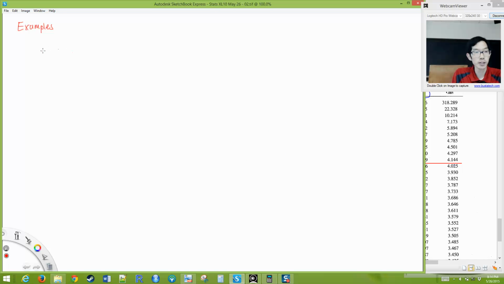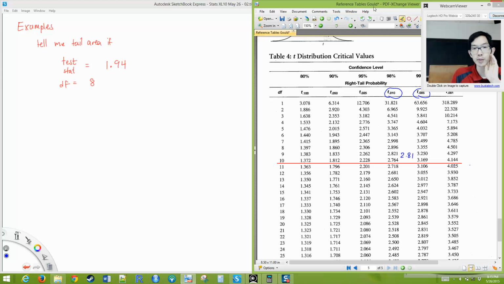All right, so let's just try a few examples here. Tell me the tail area if your test statistic is equal to 1.94 and your degrees of freedom is equal to 8.